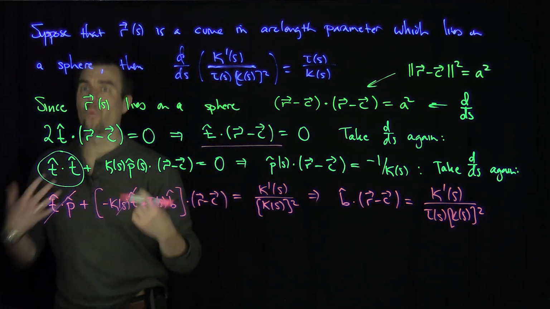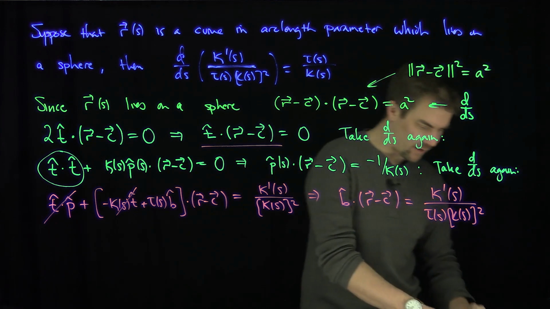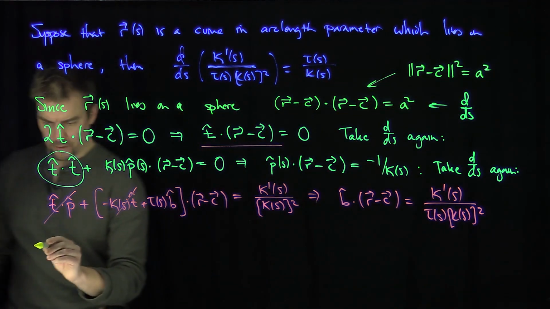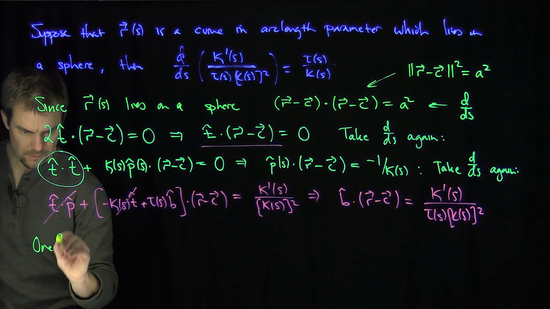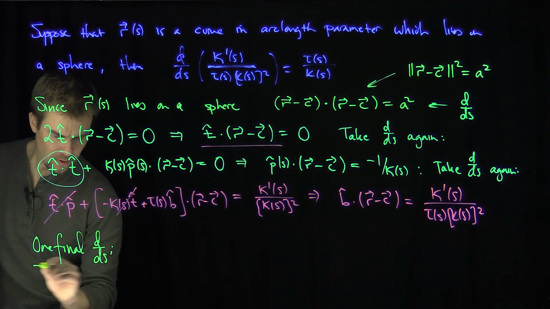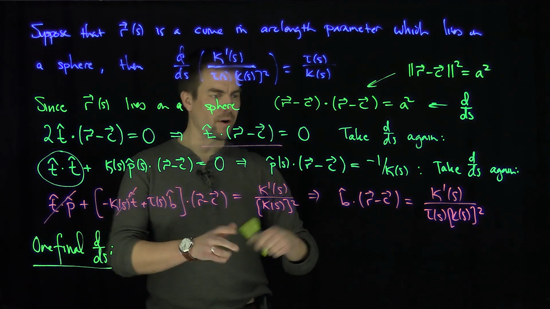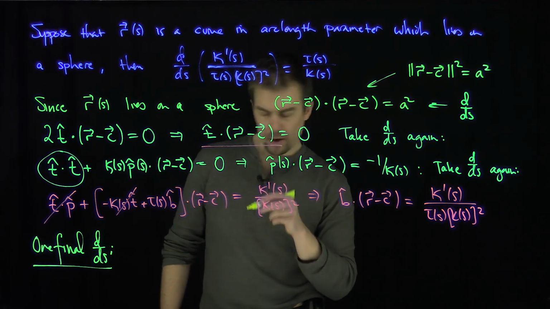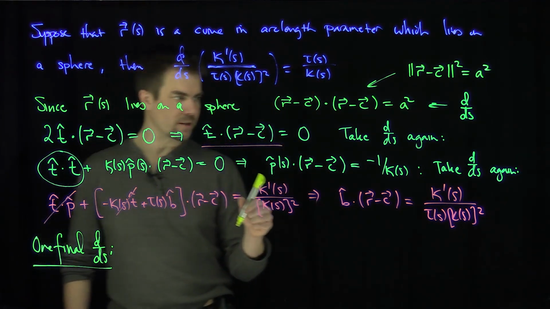And then I'm going to take the derivative one last time. So let's do d by ds one final time. What do we get? We'll get the derivative of b with respect to s. What's the derivative of b with respect to s?